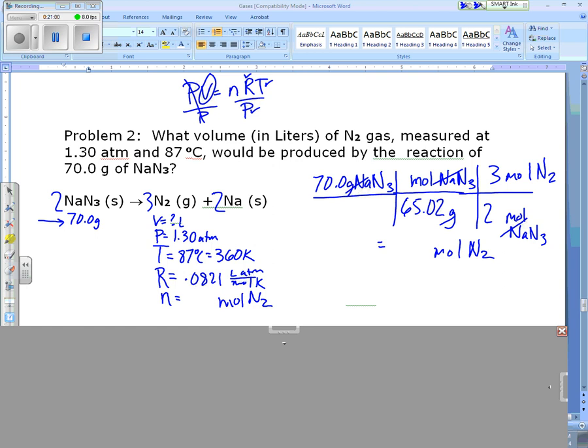I need 3 sig figs, so what is it? 1.61. That is your n. Once you have that piece, it's just PV equals nRT, just like you did for homework last night. So 1.61 moles times my R, and I'm just copying these down because I already have them written down.